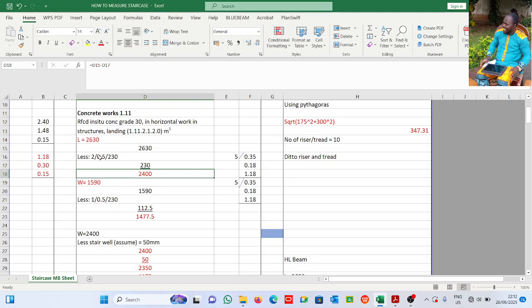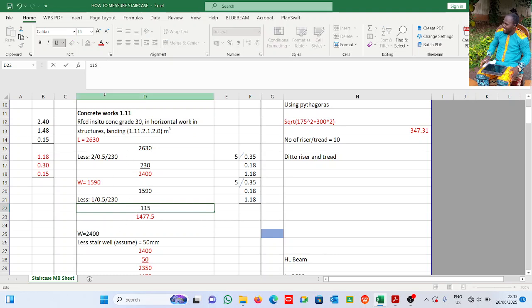I'm lessening 2 by half on the length, but here it is 1 by half. If I'm using 230, this should be 115. If I'm using 225, it should be 112.5, so 1475. Okay, it's 1.48.